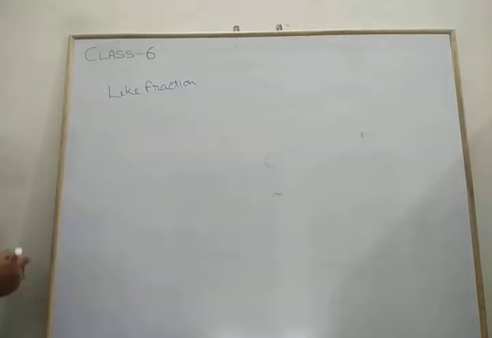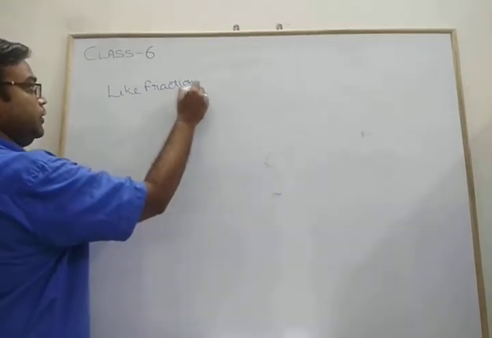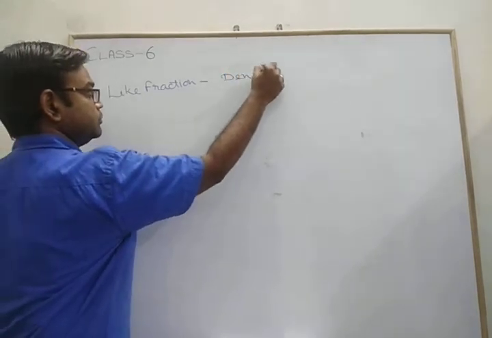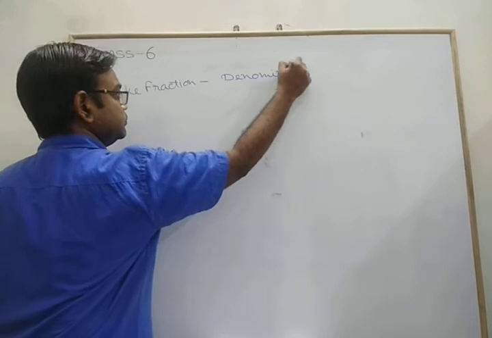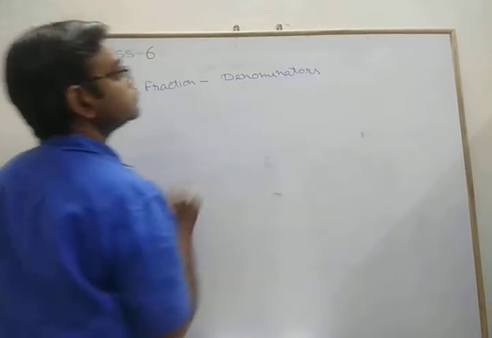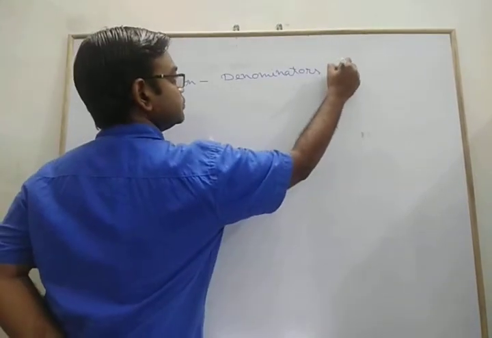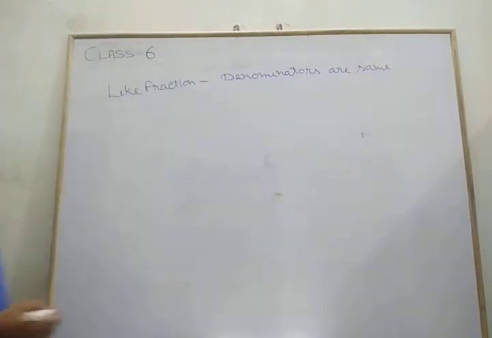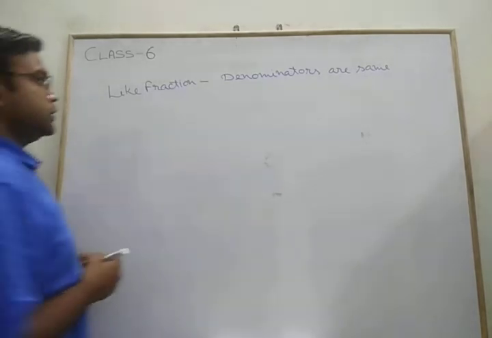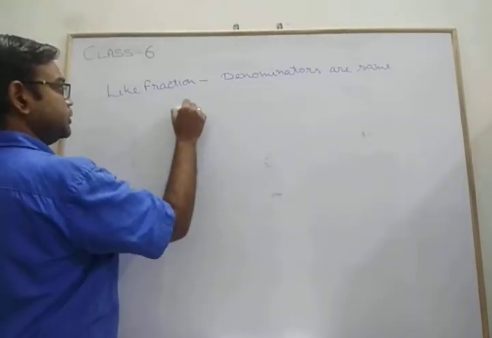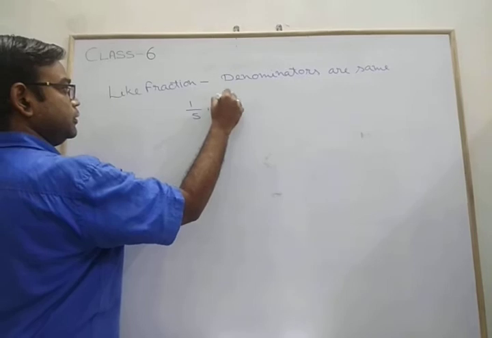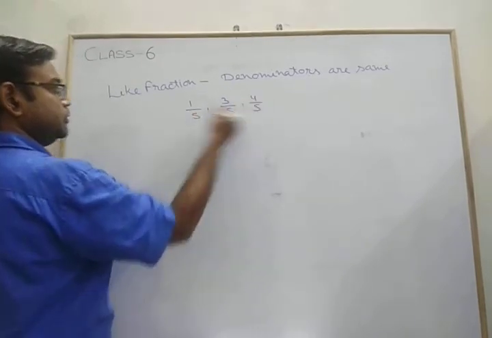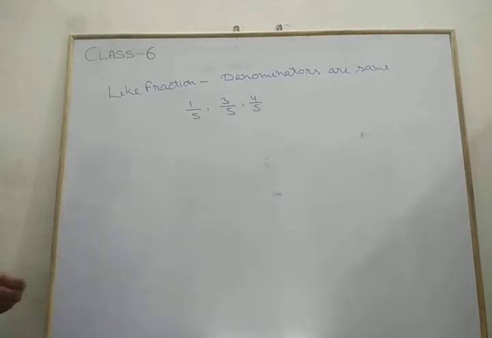Denominators are the same. For example, 1 upon 5, 3 upon 5, 4 upon 5. These come under like fractions.